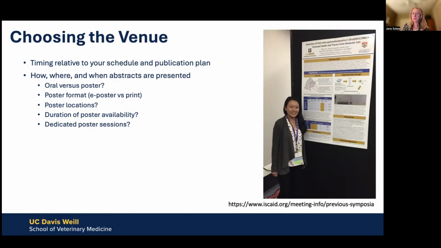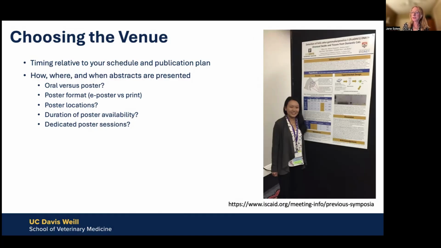How do you want to time the presentation of your abstract in relation to manuscript submission and hopefully publication? And how, where, and when does the conference allow abstract presentation itself? Are there going to be opportunities to present in oral format, in poster format, or both?